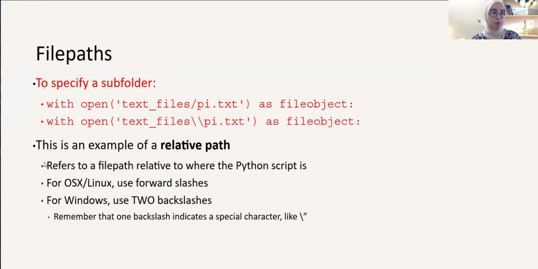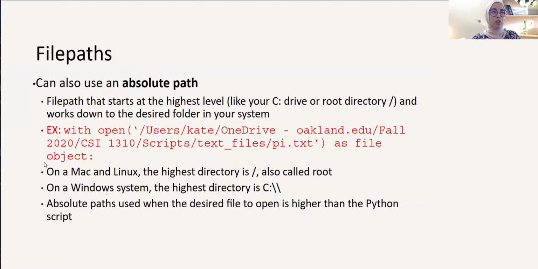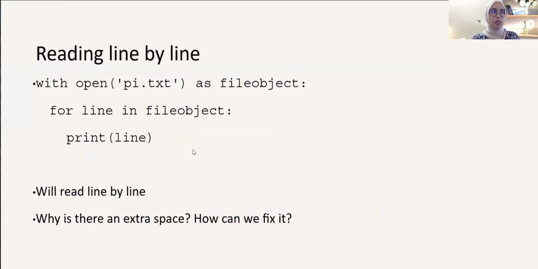For Windows, for example, we use two backslashes, but we use forward slash for Linux and OSX. Remember that one backslash indicates a special character. This is an example of a path, and we're not going to dive more into the details.